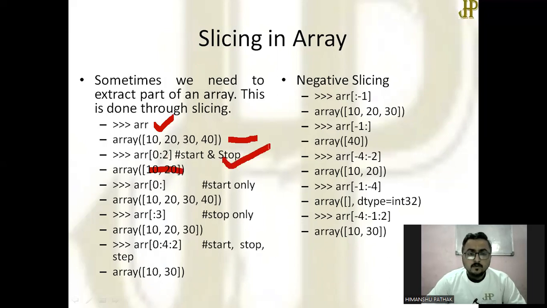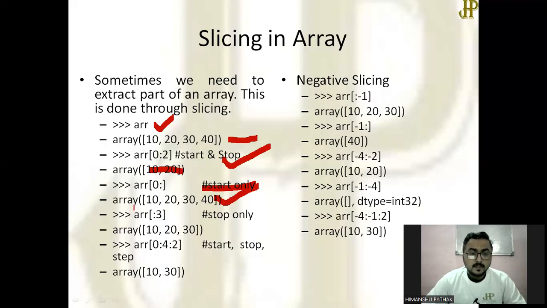Now I want to give only start value. So it can be possible. ARR 0 colon, no value will be supplied. So the interpreter will treat it as we have to move up to the last element of the array. So all the elements will be printed.